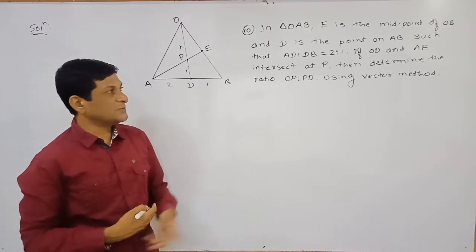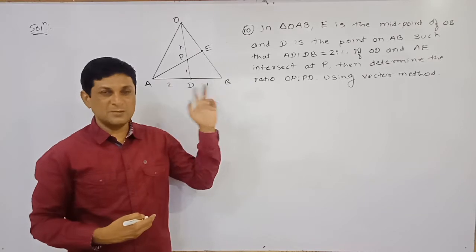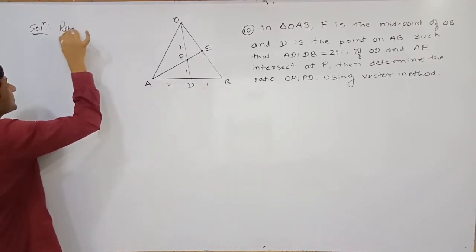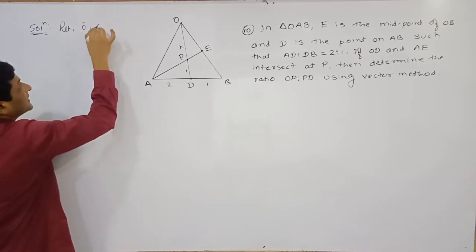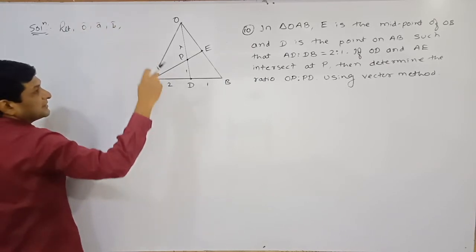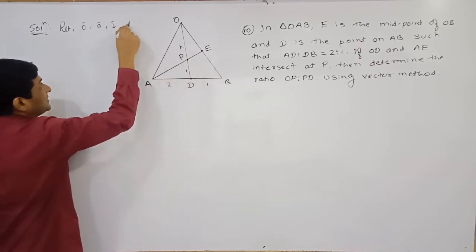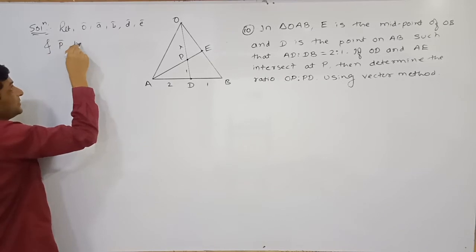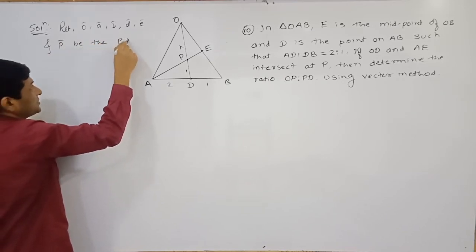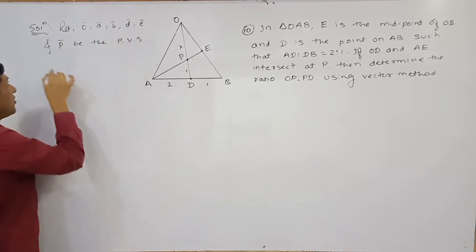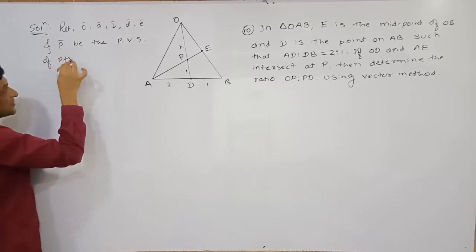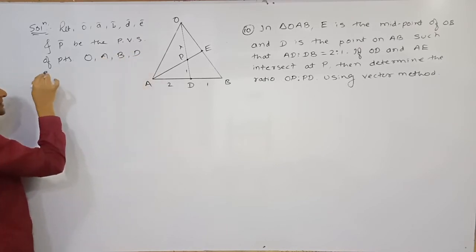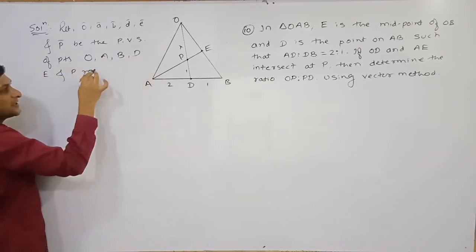Now first, since we are using the vector method, define the position vectors of all these points. So let O bar, A bar, B bar, D bar, E bar and P bar be the position vectors of points O, A, B, D, E and P respectively.